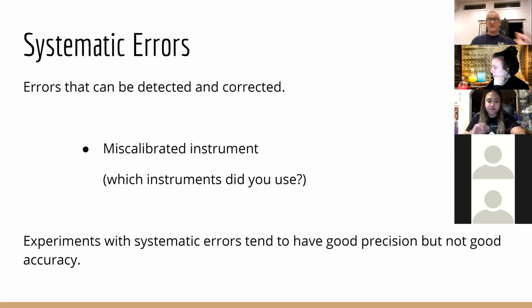So there's going to be systematic errors. These are errors that you figure out when you're initially setting up your experiments. The classic example of a systematic error is something that you can detect and then fix. You can fix these things. For instance, a miscalibrated instrument. Can anyone tell me what calibration means?